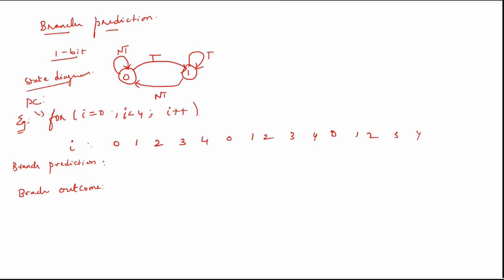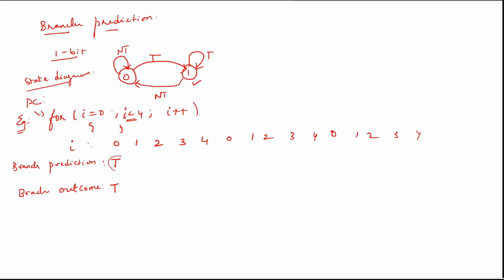According to this case, we will go with an assumption that initially the branch is taken. But actually what happened? i is 0, i less than 4, so the actual outcome is taken. You got it or not?